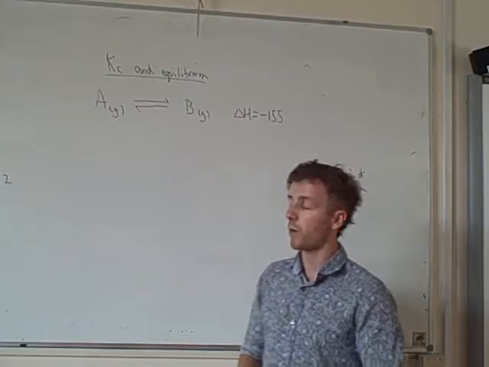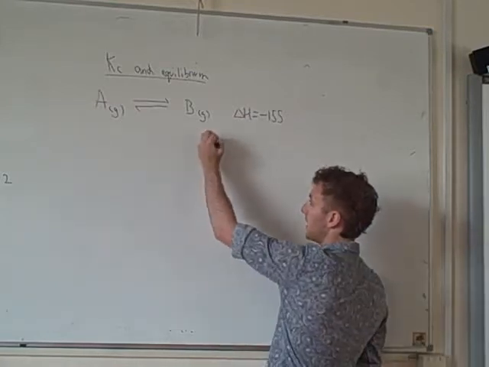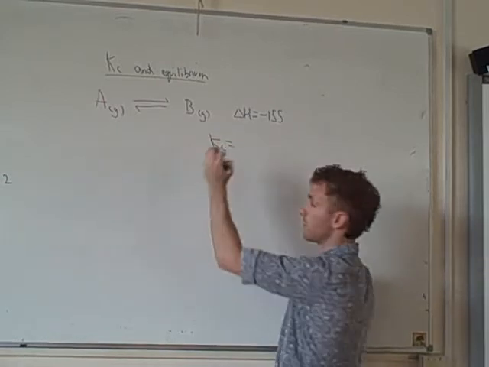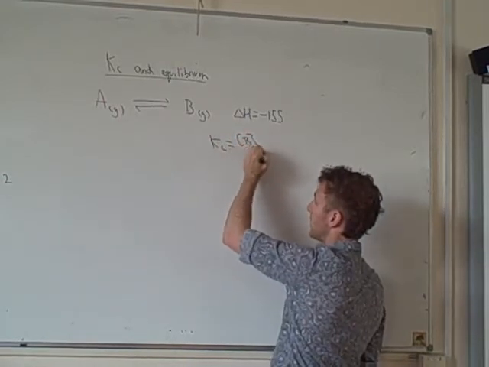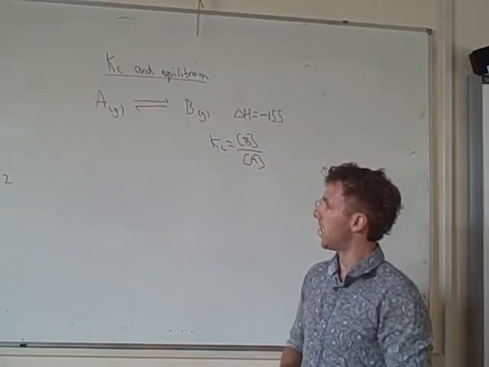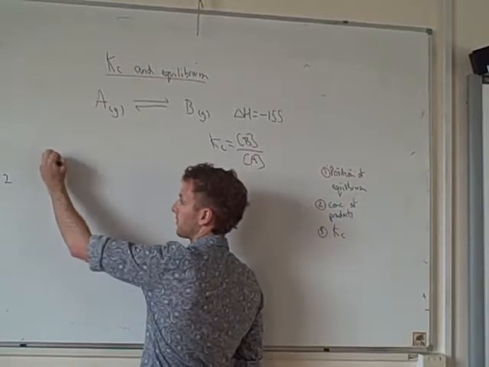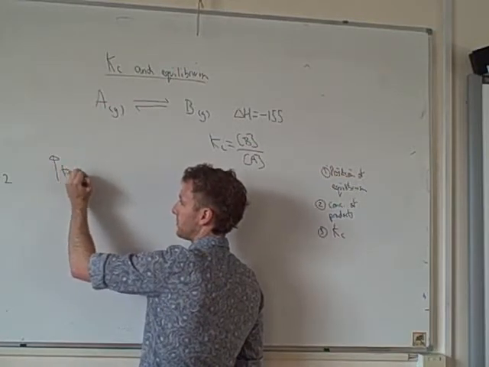Okay? So before we do anything else, let's set up our Kc expression for this. Kc is just products over reactants, so it's going to be B over A, like that. And to start off, let's do what an increase in temperature would do. So increase the temp.